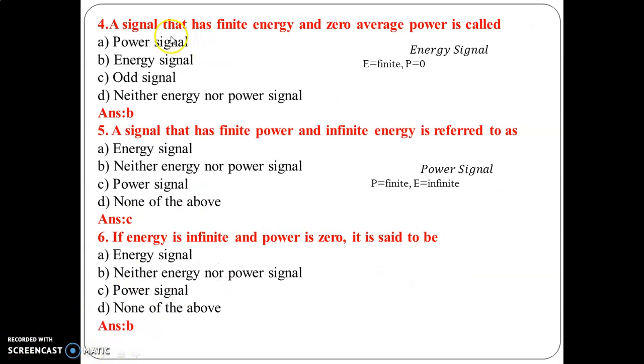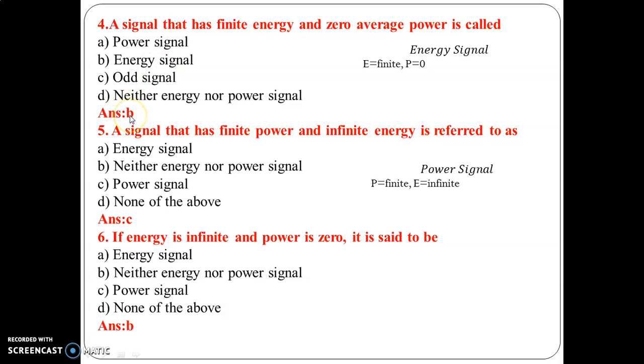Okay. Now, a signal that has finite energy and zero average power is called. Basically, if energy is finite and power is zero, the signal is said to be an energy signal.